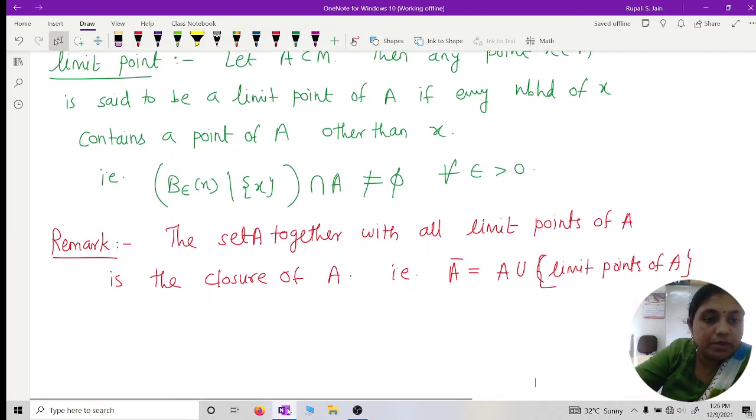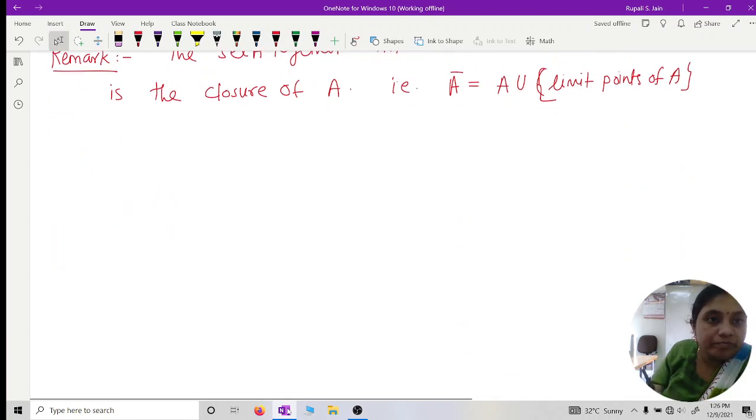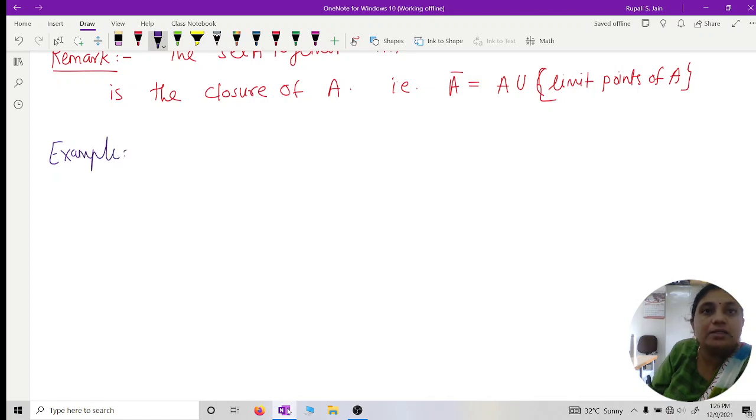So, for example, let A be the interval open 0, close 1. So 0 is the limit point of A here. Therefore, what is A closure?